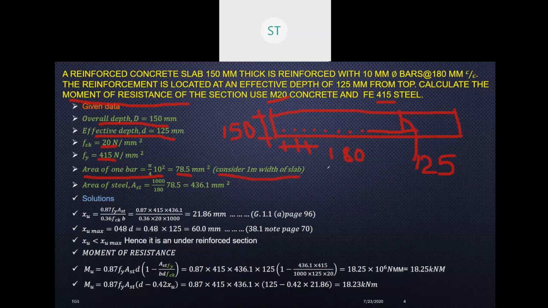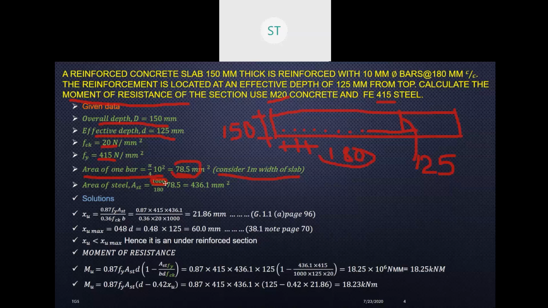So therefore, find the area of steel in 1 meter. The number of bars in 1 meter is equal to 1 meter in millimeter, 1000, divided by spacing 180 millimeter.